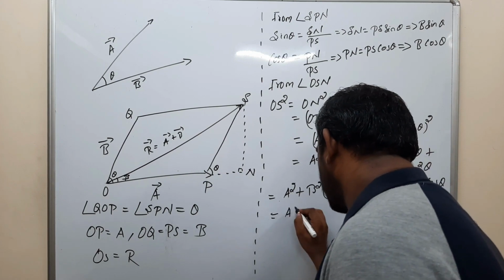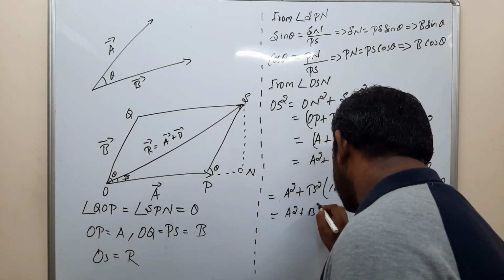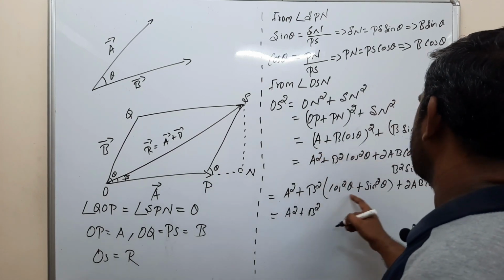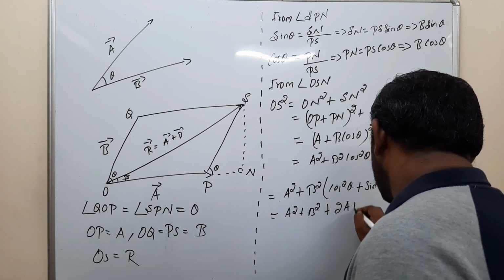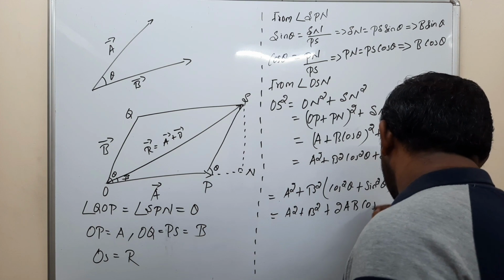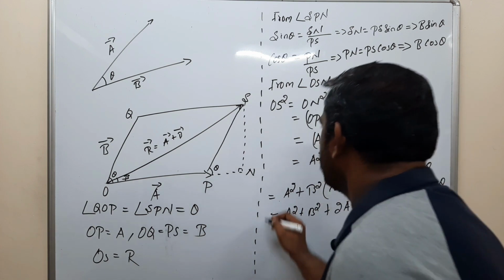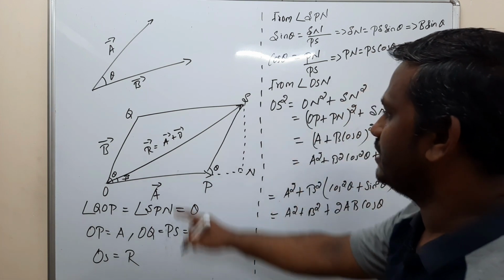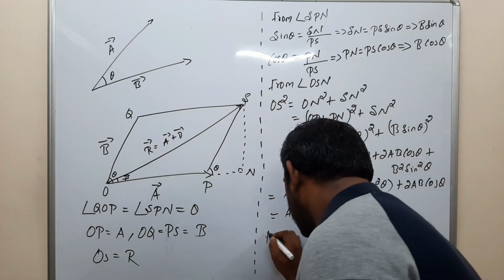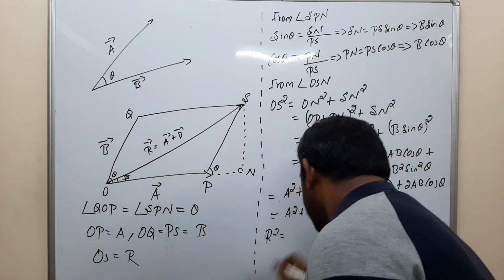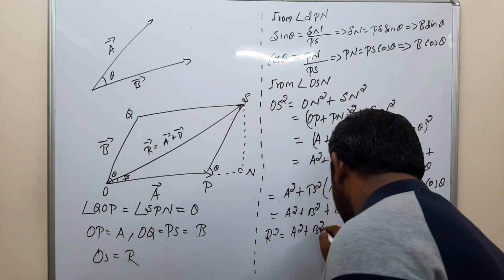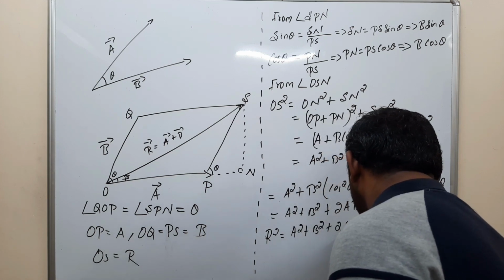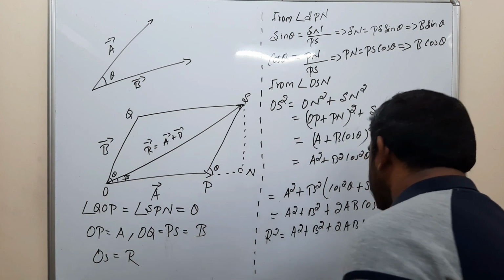So OS square, that is R square, is equal to A square plus B square plus 2AB cos theta.